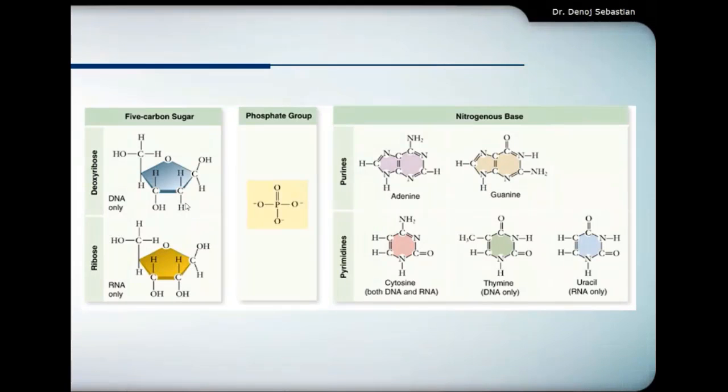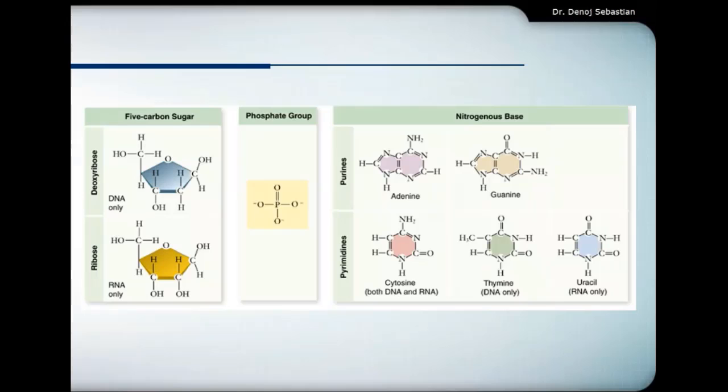This is the 2' position, and the OH is missing, and there is only one H present. In case of the ribose sugar, we have both OH groups present at the 2' and 3' positions. So that's the difference between deoxyribose and ribose.